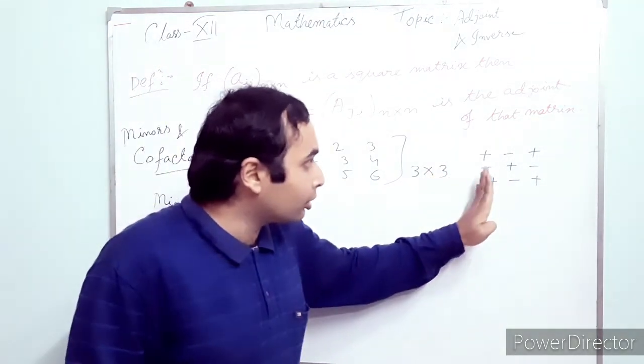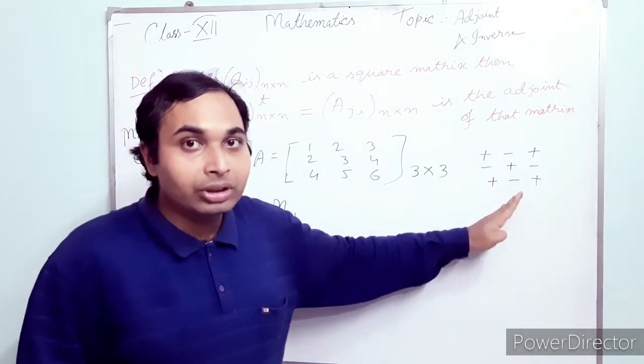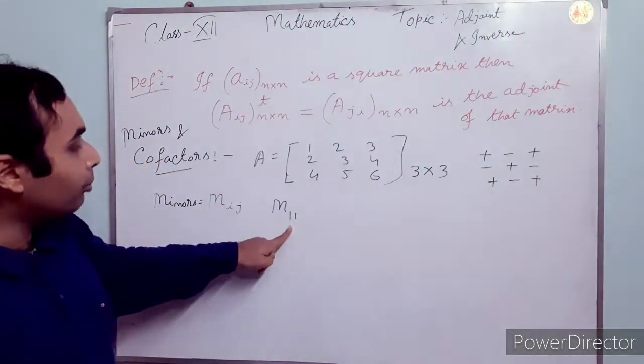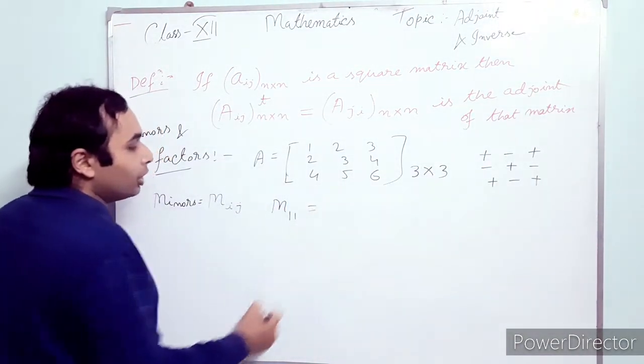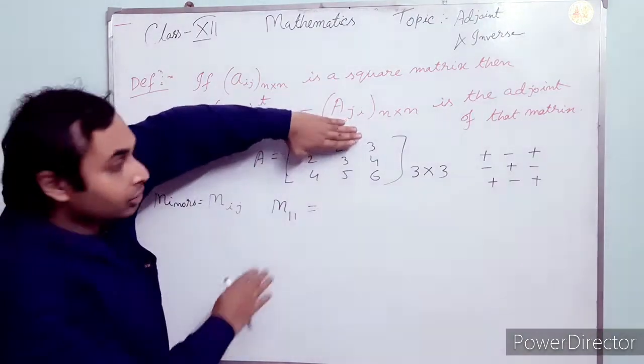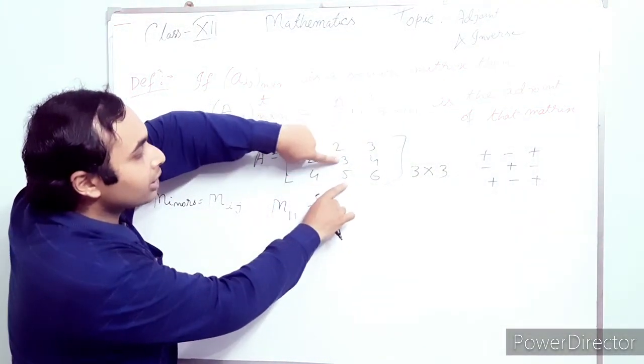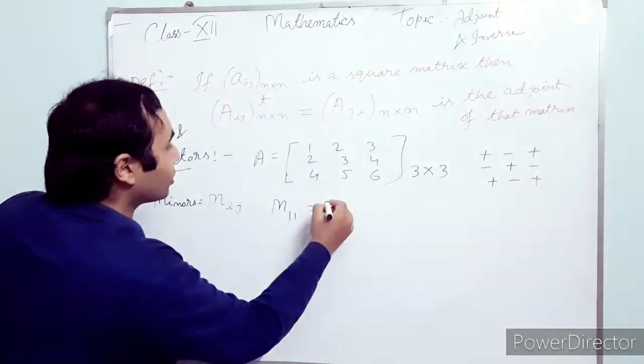I will discuss this later. So now M11. M11 means what you have to do: cover up the first row and cover up the first column. What is there? 3, 4, 5, 6.